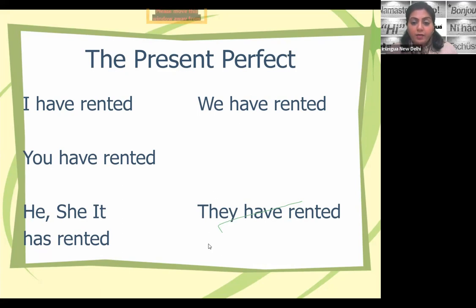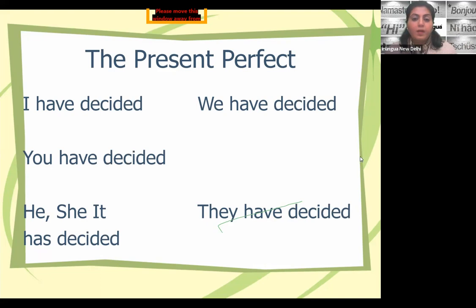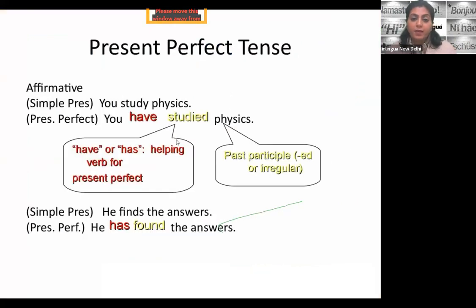Like we, they. Both of these are groups, more than one person. So we need to use have. We have rented. They have rented. I have decided. She has decided. We have decided.